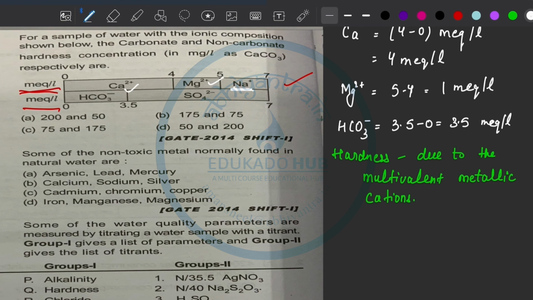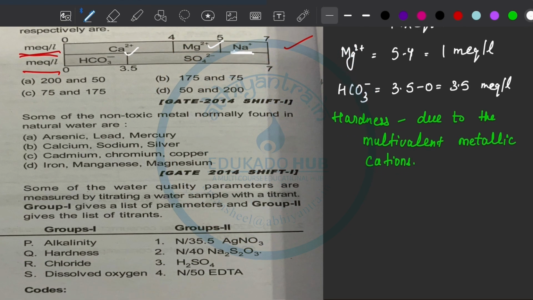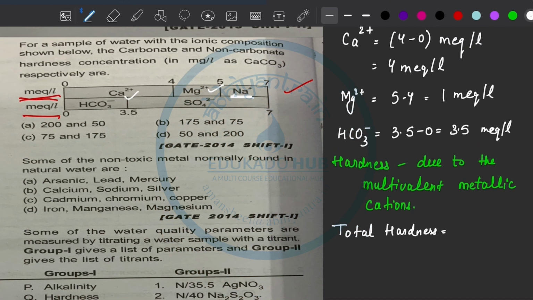So the total hardness is equal to concentration of Ca ion, 4 milliequivalent per liter. One thing also we should remember, that hardness is always given as CaCO3.